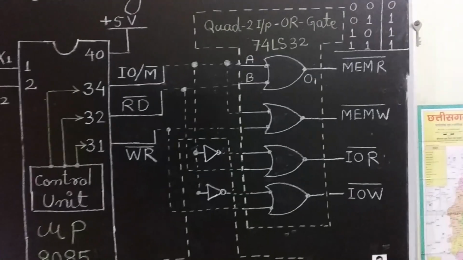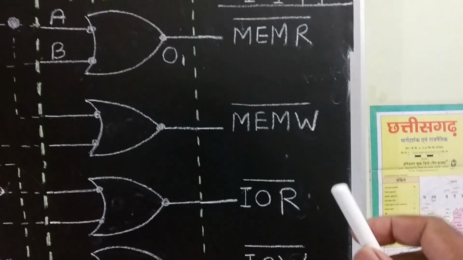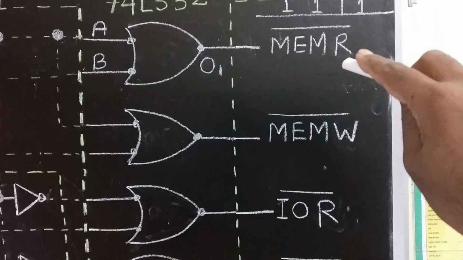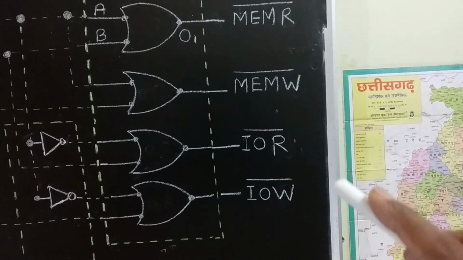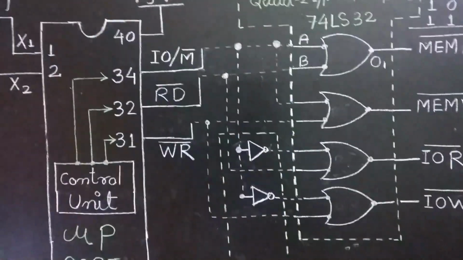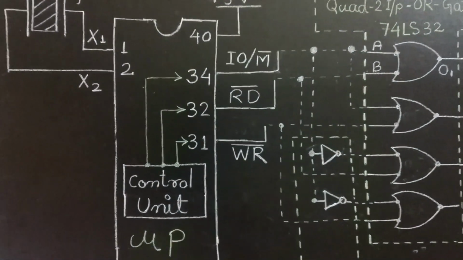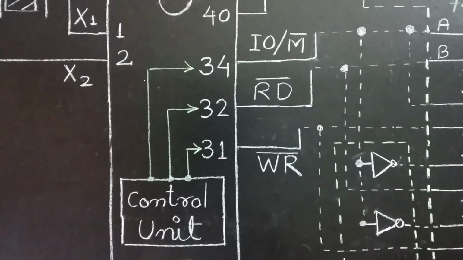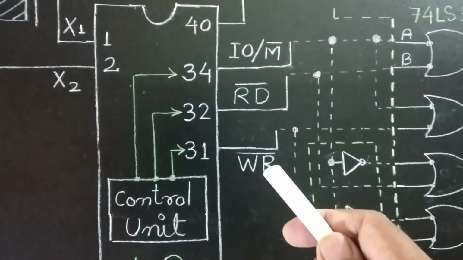Generally, we require 4 signals: memory read, memory write, IO read, and IO write. Now the thing is, the microprocessor 8085 generates only 3 signals: IO/M bar, read bar and write bar.